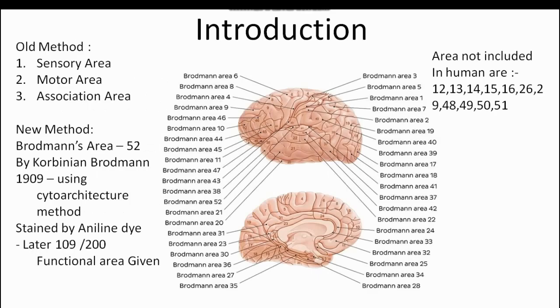So, this cerebral cortex that we study, earlier it was studied by an old method, and in that old method, the cortex area was divided into three regions: one, the sensory area; another, the motor area; and the third one is the association area.